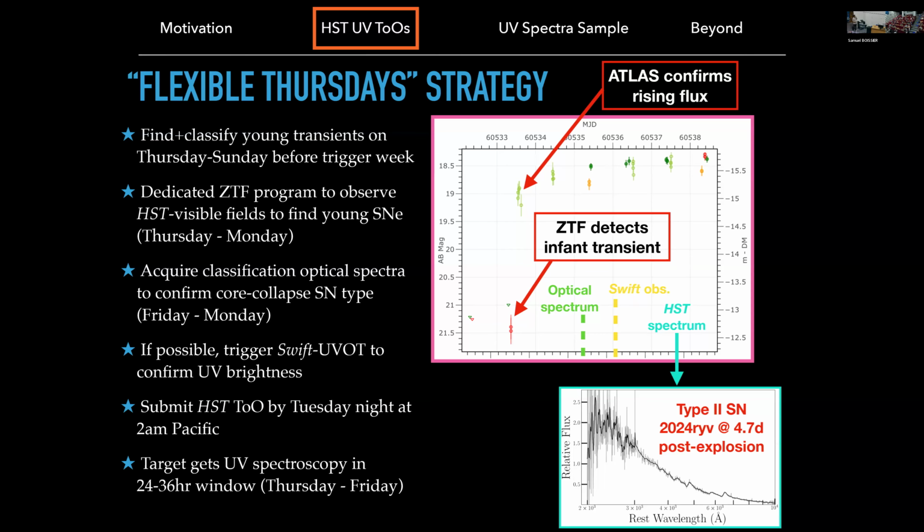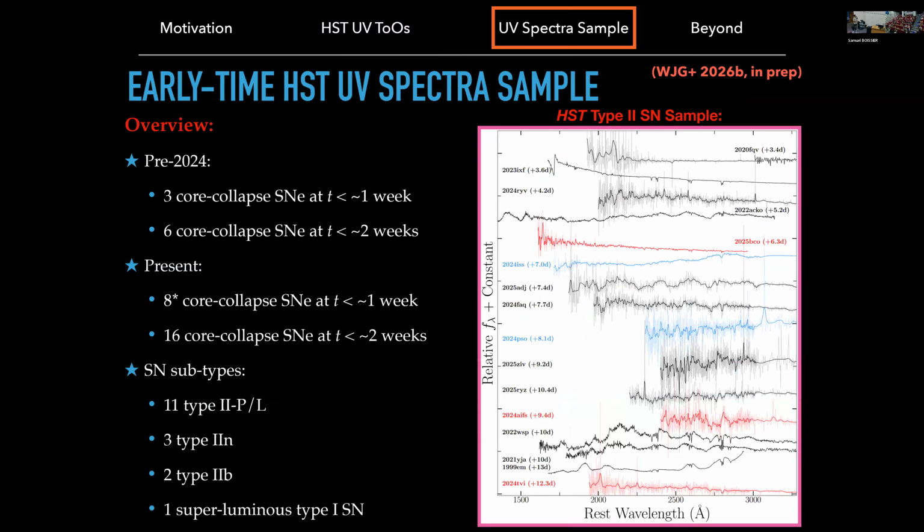So in principle, this works, and it yielded a nice sample of type 2 supernovae combined with the archival sample that we were steadily building up with ultra-rapid or just serendipitous observations.